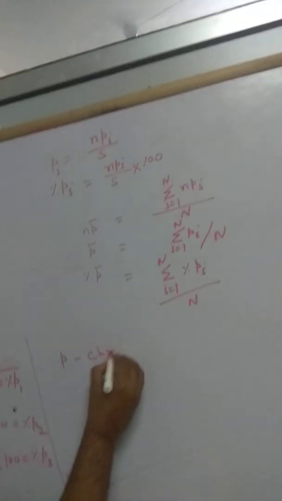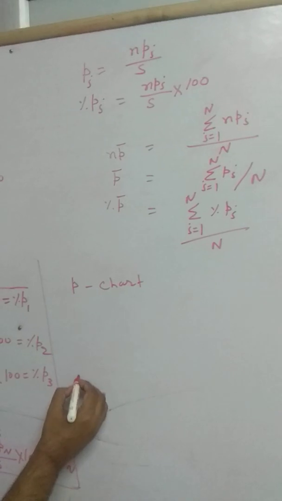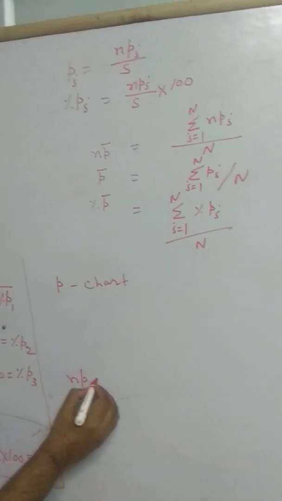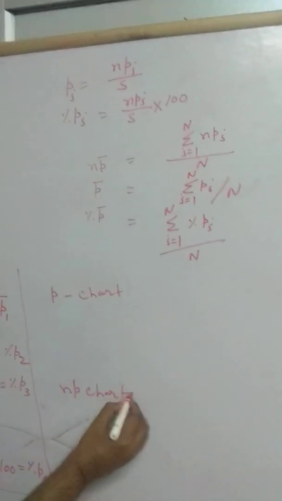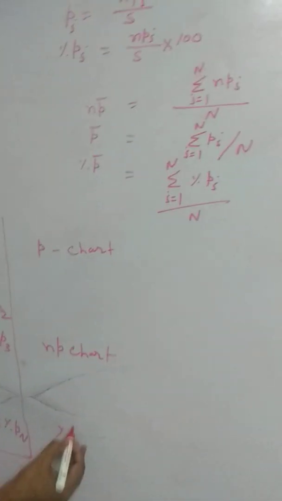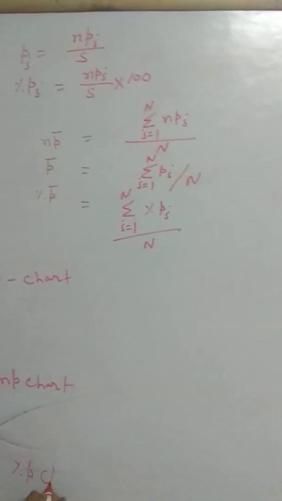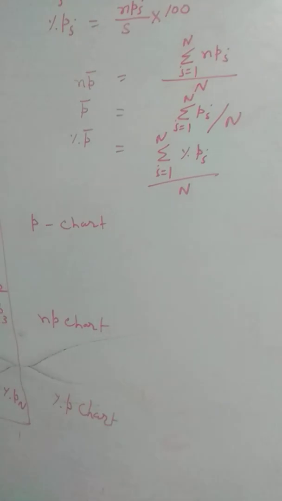After computing this, since here we have the three charts, that is P chart, NP chart, and percentage P chart. Okay.